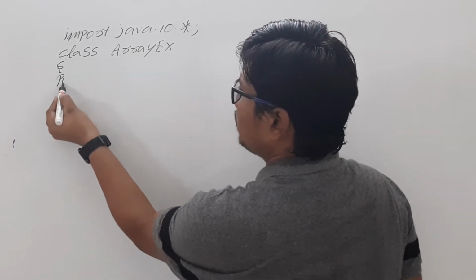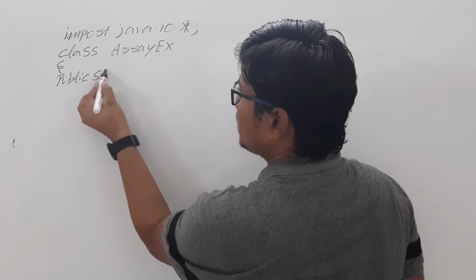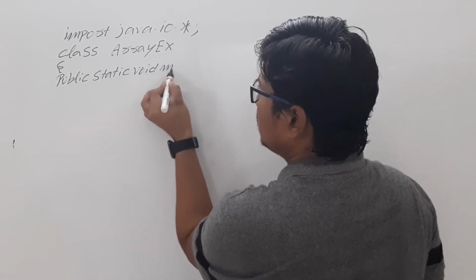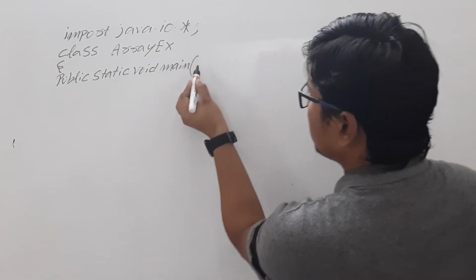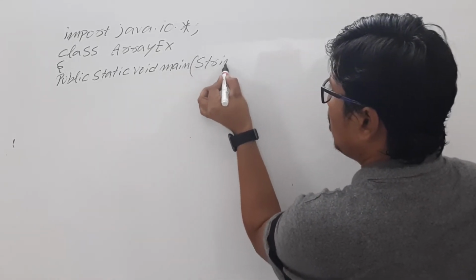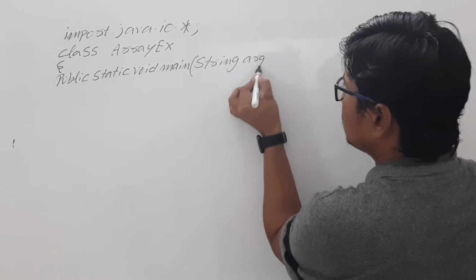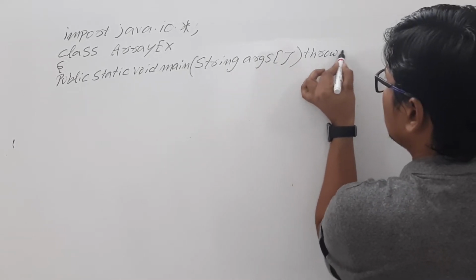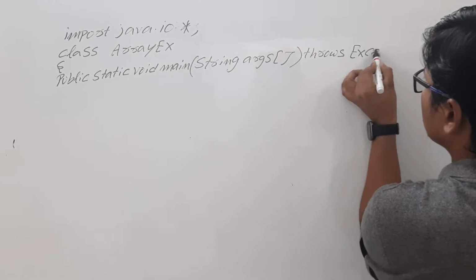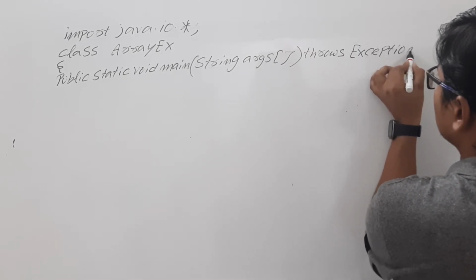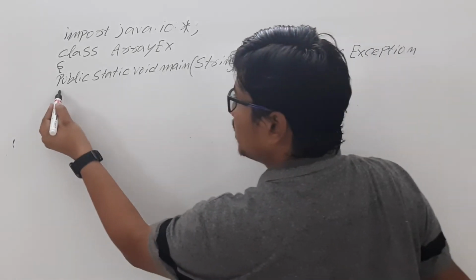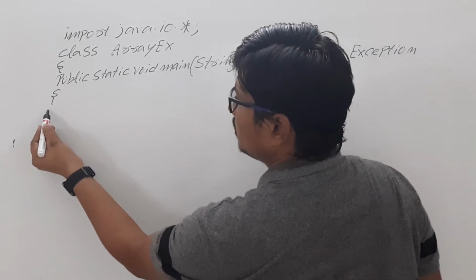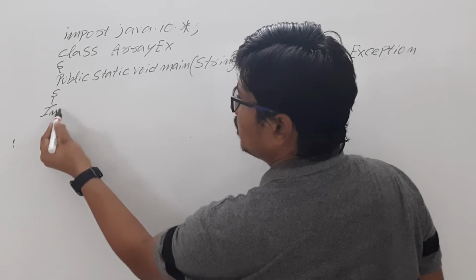Then I will write public static void main(String args[]) throws Exception, and then you can open the main function, and then you can read the input.